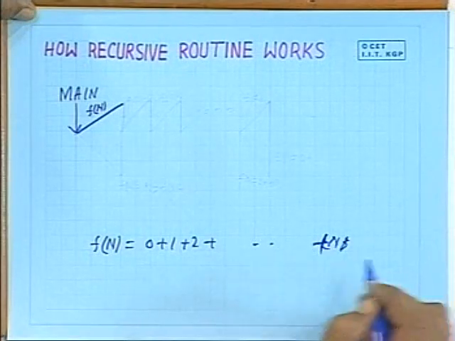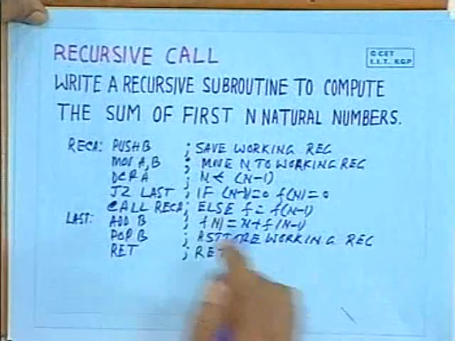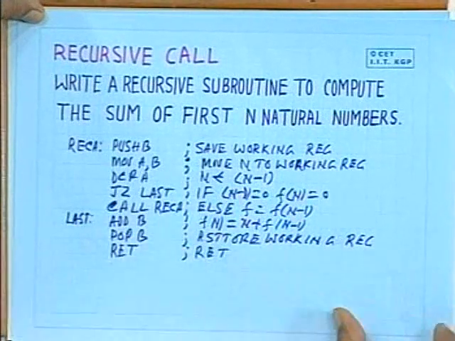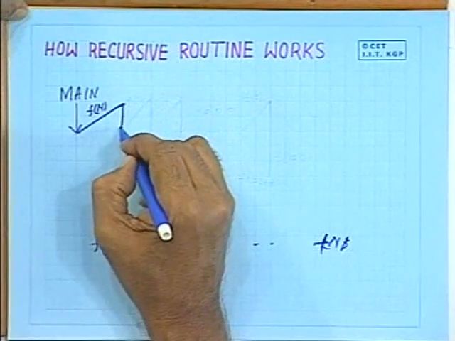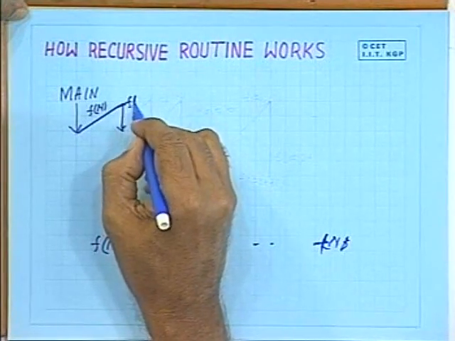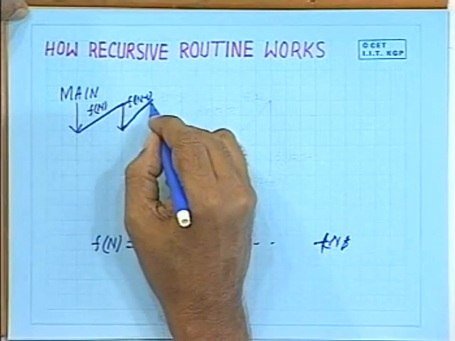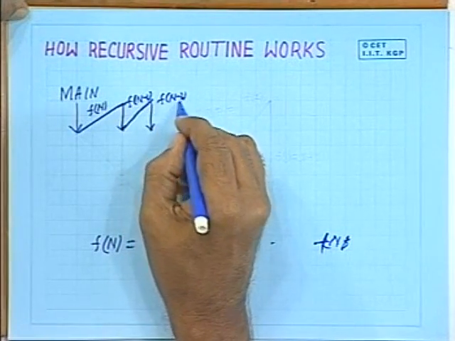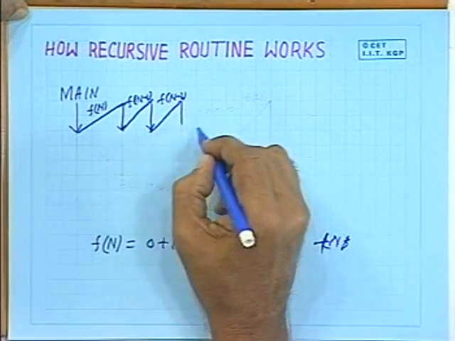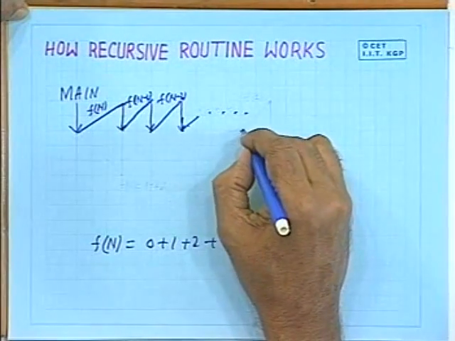Now at this point, you are calling the same subroutine. That means you are calling it again for f n minus 1. Again you are calling for f n minus 2. In this way you will continue until you reach f1.